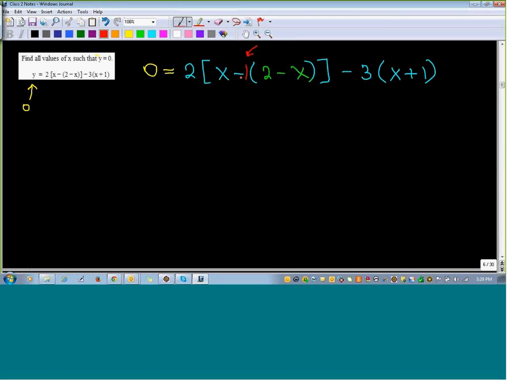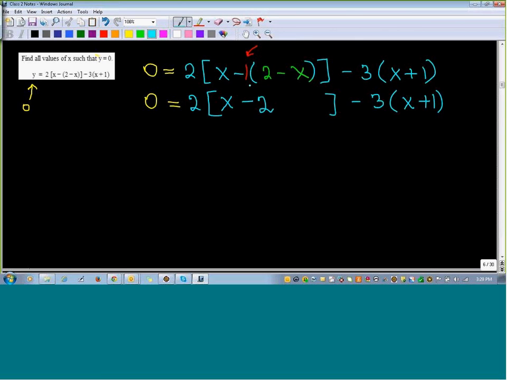Times 2 is negative 2. This one times negative 1, so maybe that's what you need to do here. 1 times negative x will be positive x, right? Let's take care of this bracket right here. That becomes parenthesis now, and x. That negative 2, remember, the negative belongs to 2.